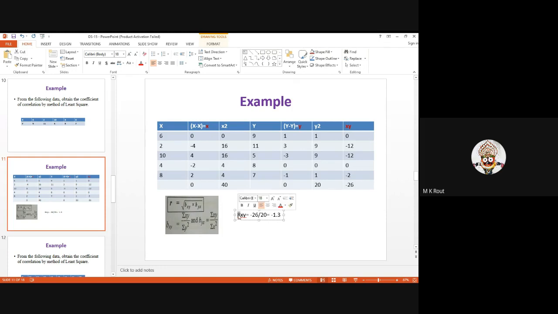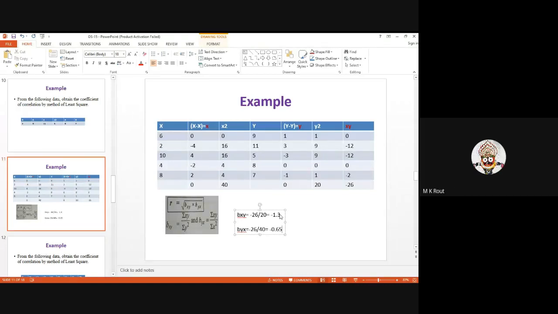This one is small b. Moving to calculate the next one, byx. That is minus 26 divided by 40, that equals minus 0.65.